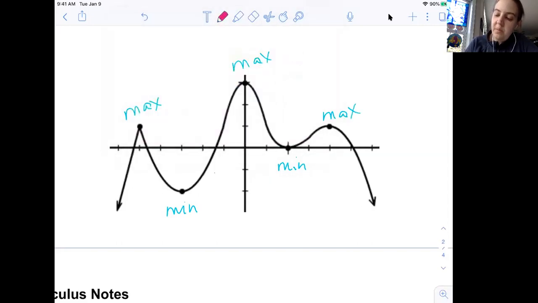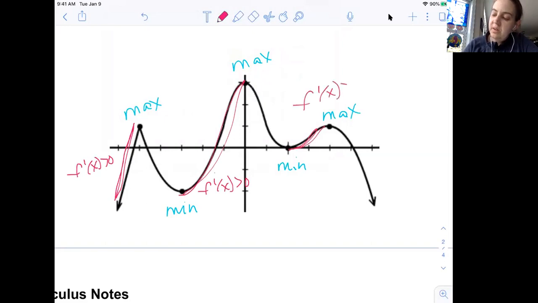Now we can talk about, well, what's going on with the first derivative specifically. So in this region, where it's increasing, we would say that f prime of x is positive or it's greater than 0. That's another way to say it. Between here and here, we're increasing. F prime of x is greater than 0. From here to here, the graph of f is increasing, so f prime of x is greater than 0.